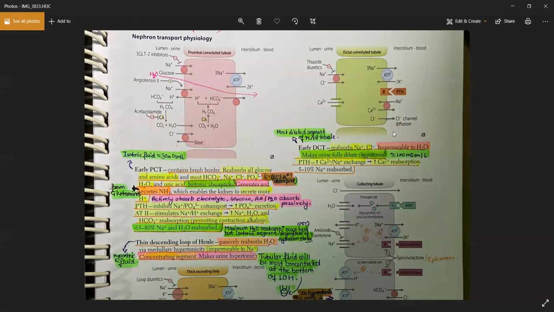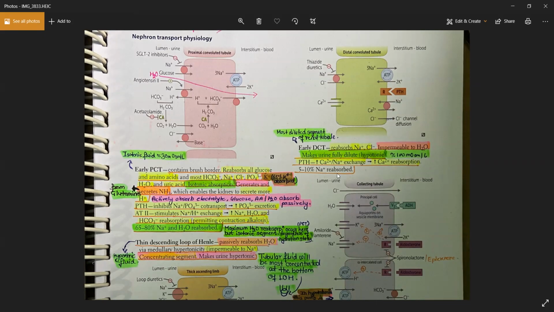Now, I want to ask you one more question. I told you that this portion of the DCT is maximally diluted. But it also depends upon your water status. Let's suppose you're in a very dehydrated state. In that case, this portion is the maximally diluted portion, because it is impermeable to water.